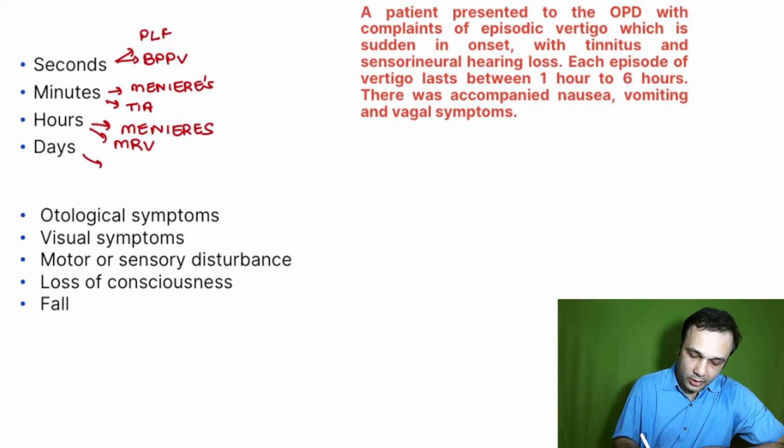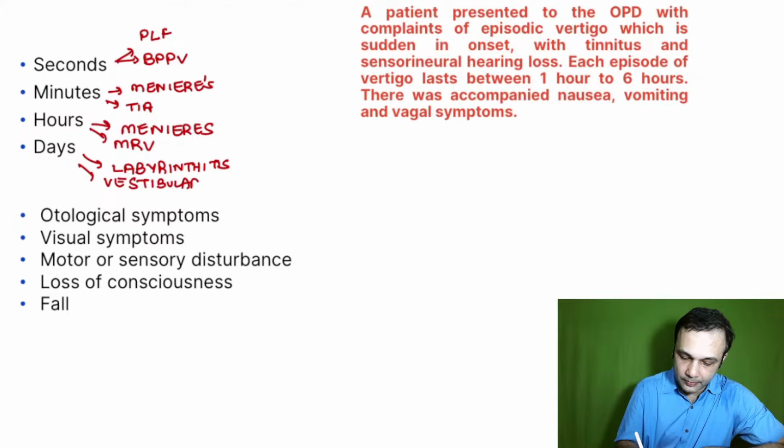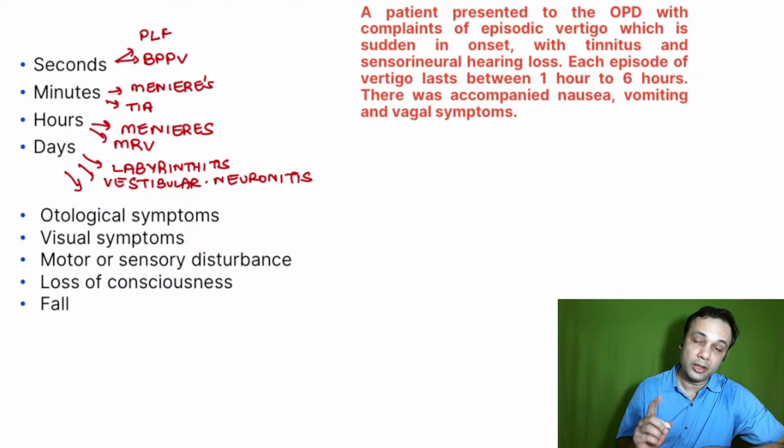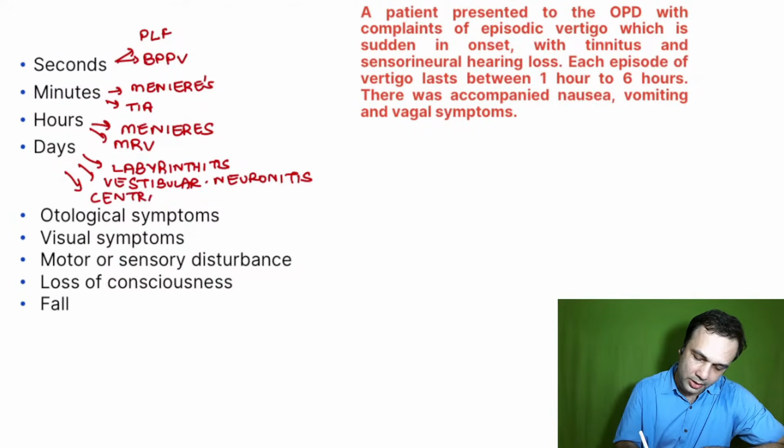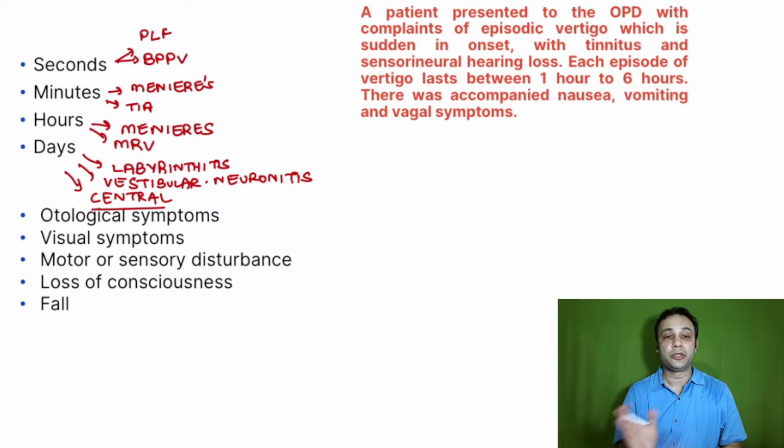And when you talk about a few days, two important causes in the ear are labyrinthitis and vestibular neuronitis. Along with this, another important one is central causes. So central causes will cause vertigo for days together, right?